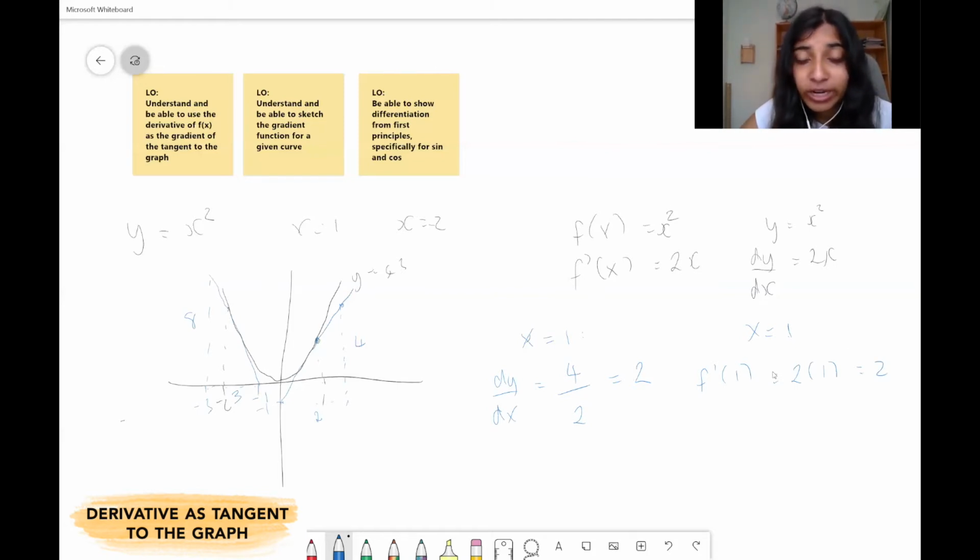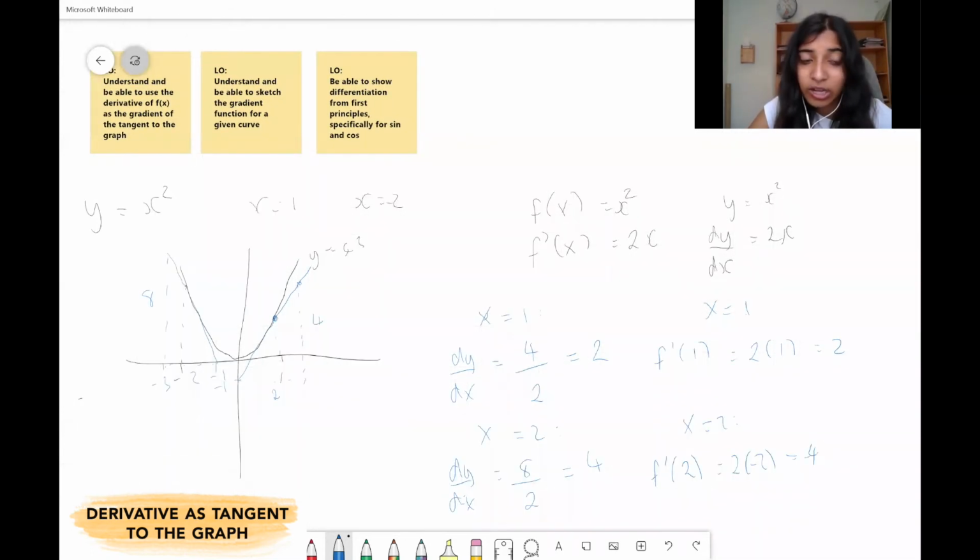So to find your gradient at a specific point of your graph, you just work out the gradient of the tangent, but that's the same as if you differentiate your function and then plug in the value that you want into your derivative function, and you should just get your answer, which is the same as if you were to work out the gradient of your straight line, which is your tangent, using the change in y over the change in x.